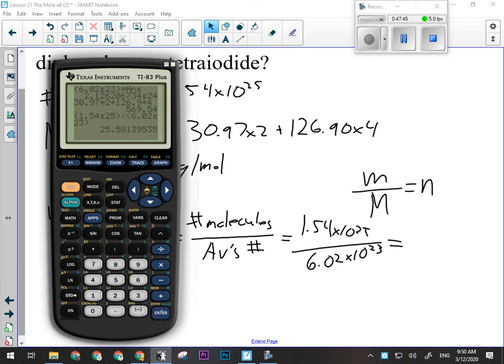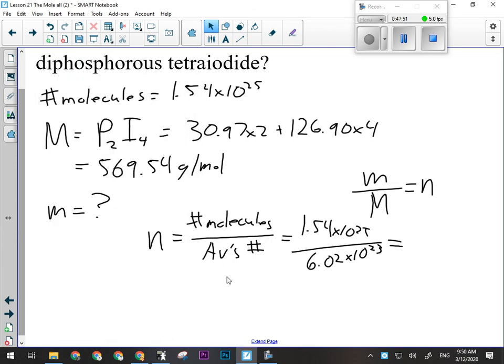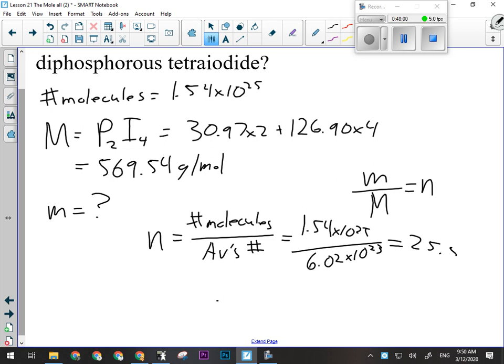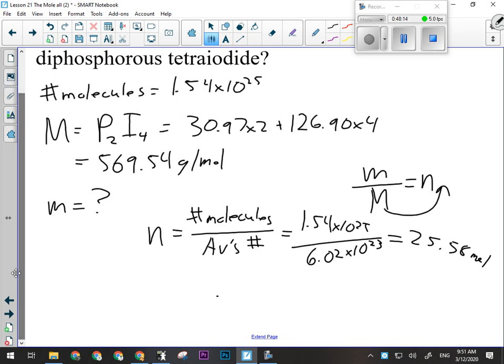So I have 25.58 moles of this material. That's what n equals. 25.58 moles. Now that I know n and I know big M, can I calculate little m? All I have to do is move big M over here, and I'll have little m.